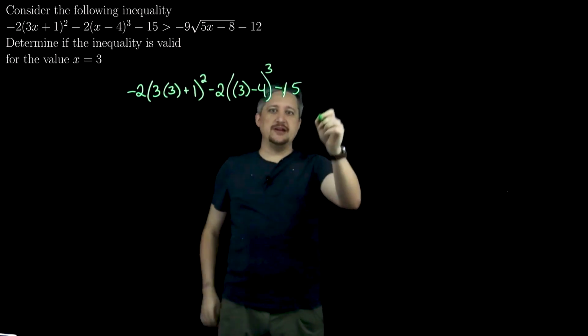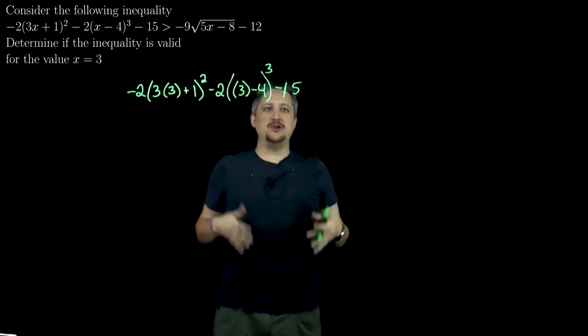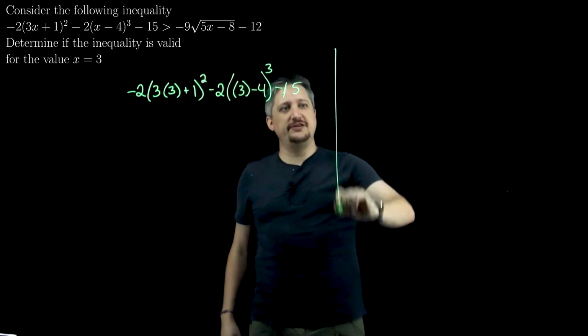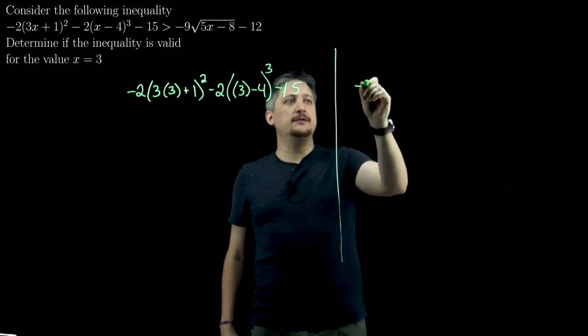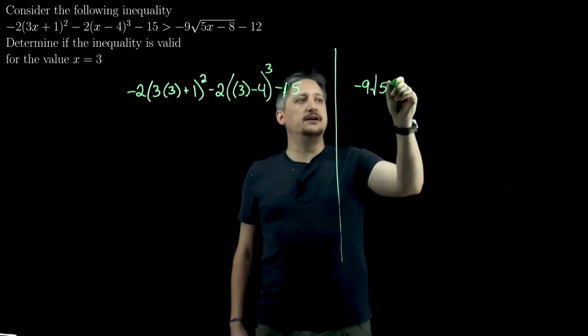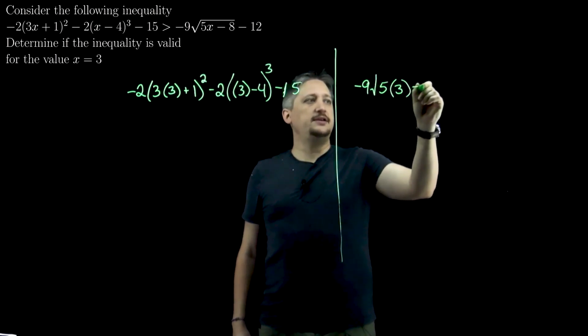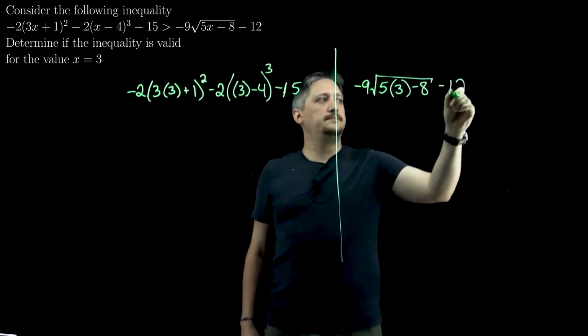I shouldn't write greater than because that's just assuming it's true, right? I could do the greater than with a question mark, or I could just do these as two separate calculations, which is what I'm going to do here. So this is another way we can do it: -9 times the square root of (5 times 3 minus 8), minus 12. Okay.